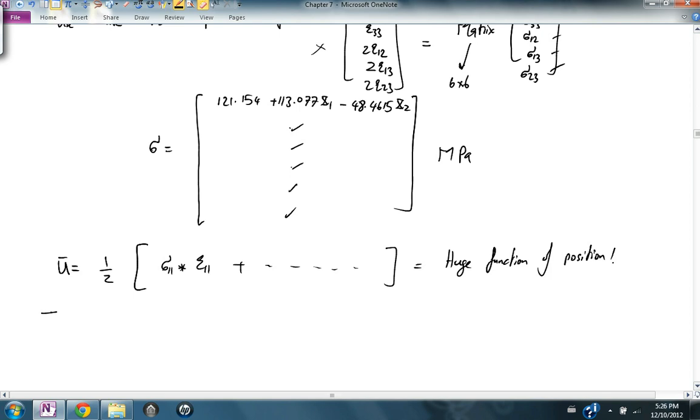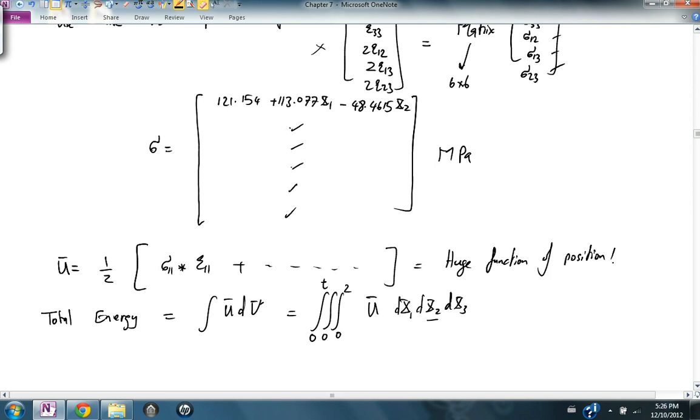Now the total energy will be equal to the integral of u on the volume. This is the energy per unit volume at every point. We can integrate u first with dx1, dx2, dx3. dx3 is according to the thickness of the plate from 0 to t, dx1 is from 0 to 2, and dx2 is from 0 to 1.